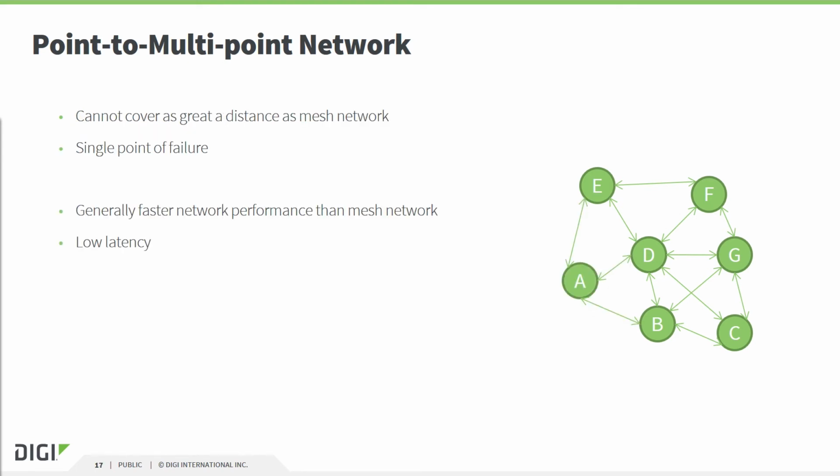Because of this, using this protocol will limit the distance that you can cover with your network, and you might also have a single point of failure. The benefits of 802.15.4 are that it is simple, in general faster than mesh networks, and it also offers very low latency, which is often required for remote control applications.